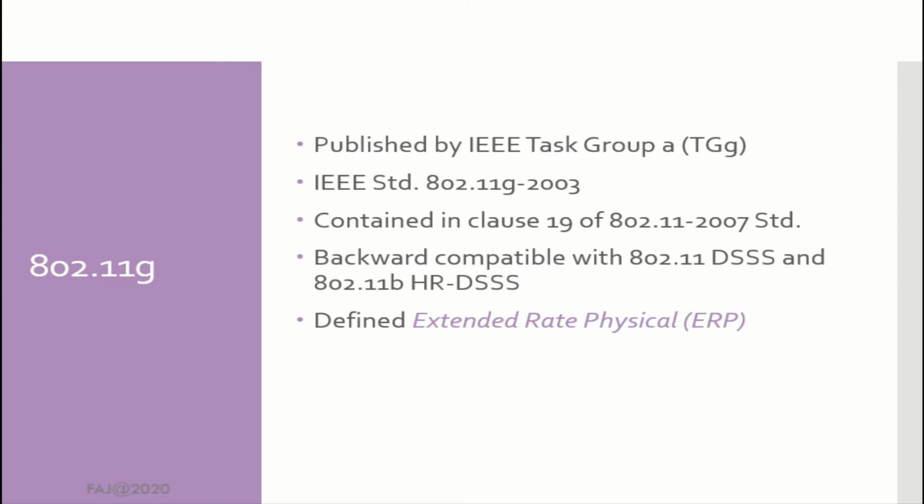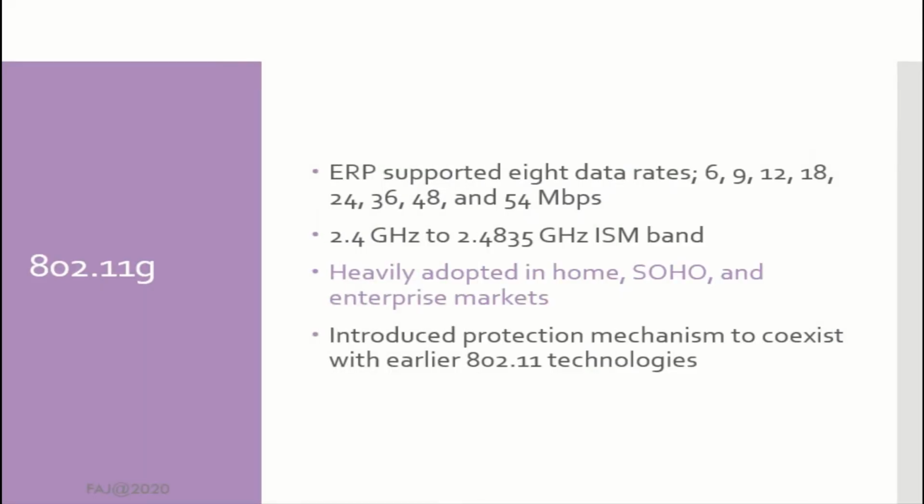802.11g defines extended rate physical, ERP, published in 2003, where ERP supports 8 data rates, minimum 6 and maximum 54 megabit per second. It uses the 2.4 to 2.4835 GHz ISM band.